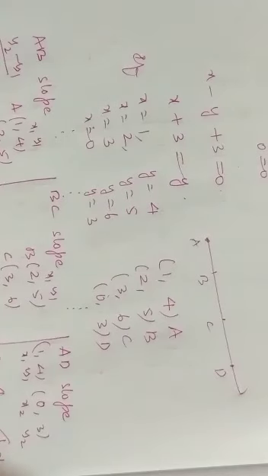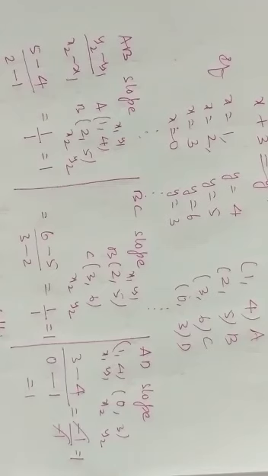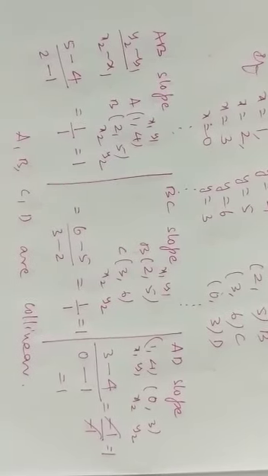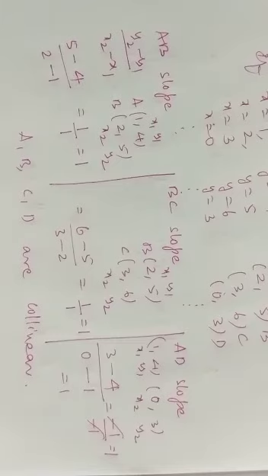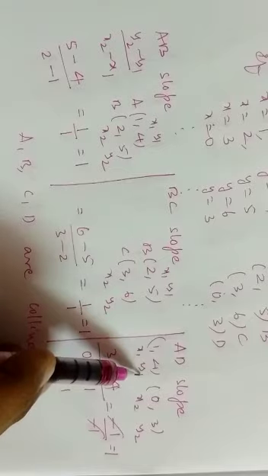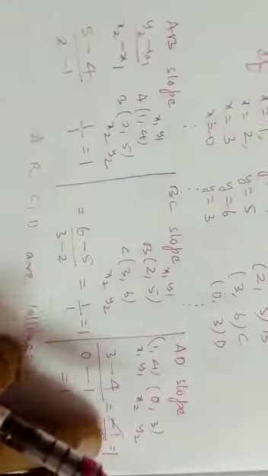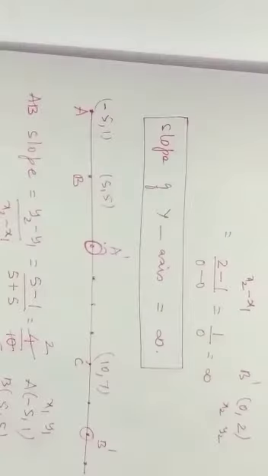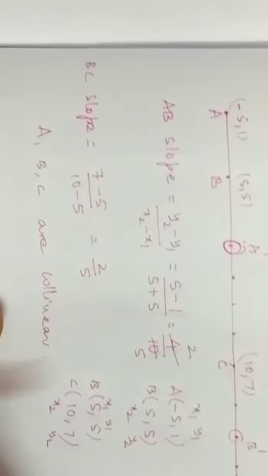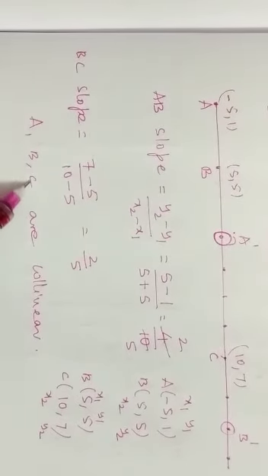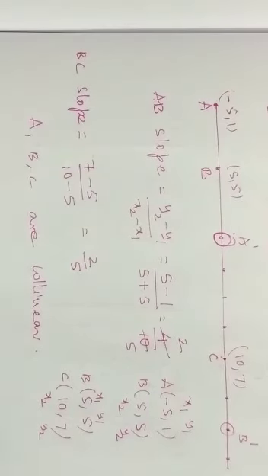So instead of that, we do the alternate method. What is the alternate method? Instead of finding distances, better find slopes. If 3 points are given, A, B, C, find 2 slopes, AB slope and BC slope.